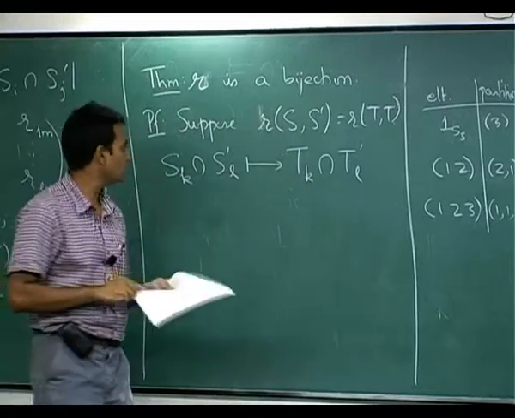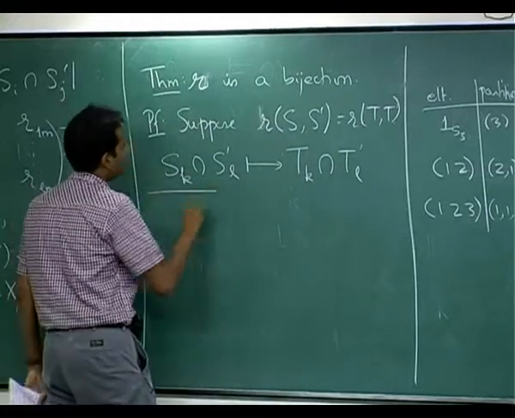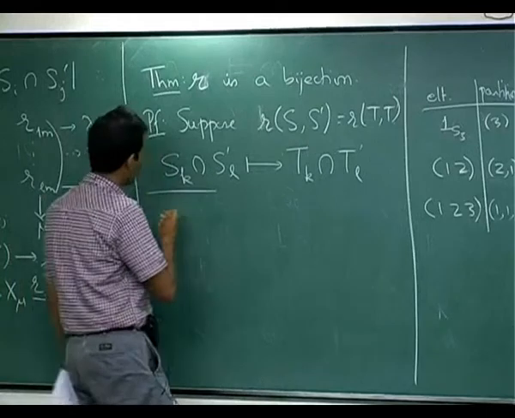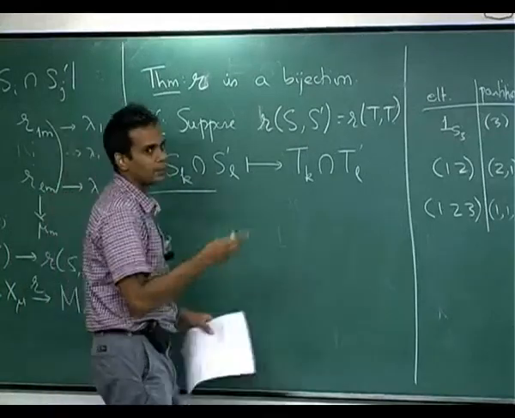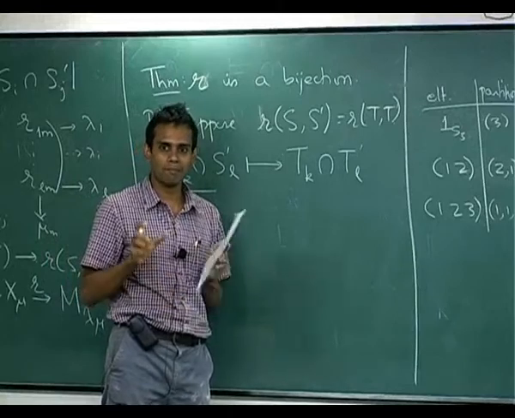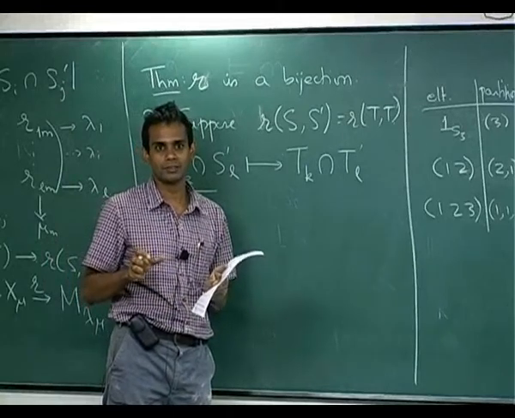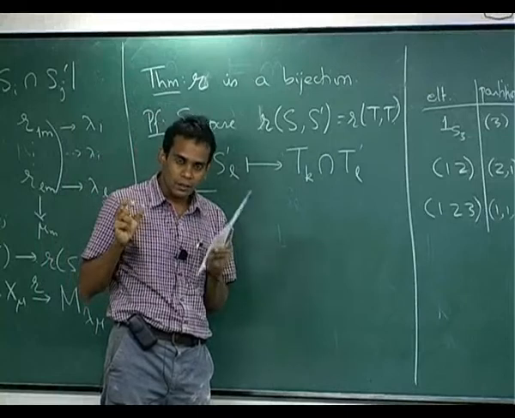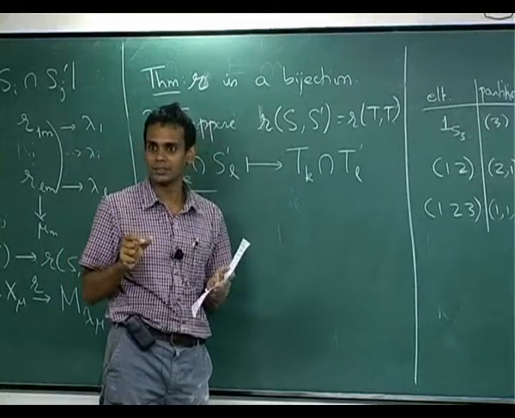And now let's see how to show surjectivity. Given a matrix whose row sums are lambda and column sums are mu, how do I construct a pair of ordered partitions with those cardinalities of intersections?